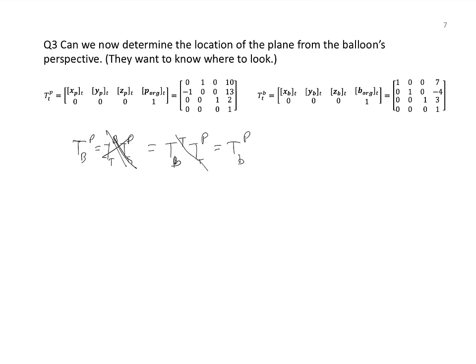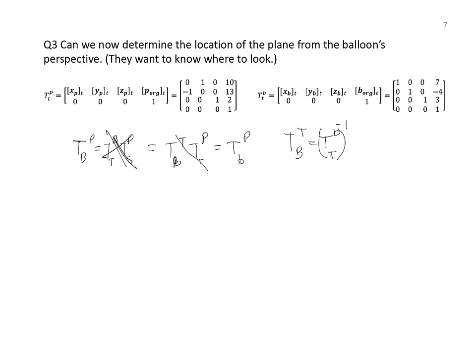So we don't currently have a transformation that takes us from t to b. All we have is a transformation that takes us from b to t. So we need a transformation that's going to go the opposite way, and in this case all we need to do is find the inverse.